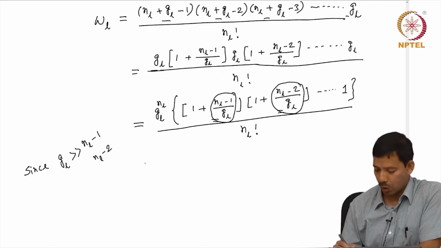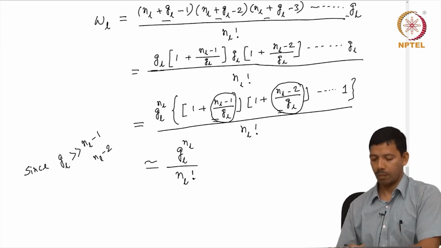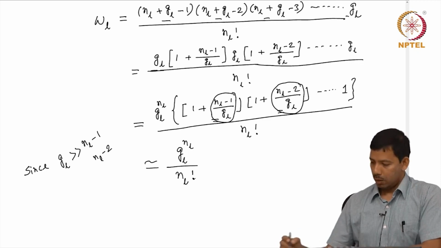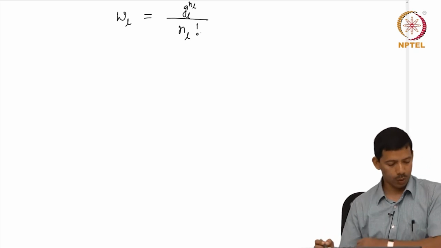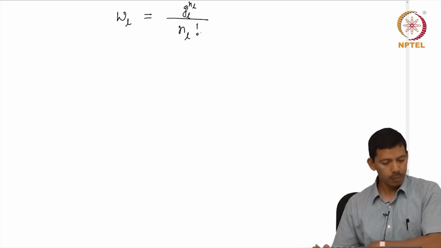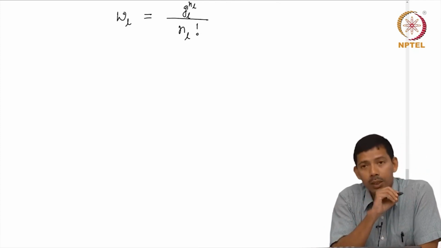So with that assumption, we can write WL as GL to the power NL divided by NL factorial, the thermodynamic probability of a particular energy state.